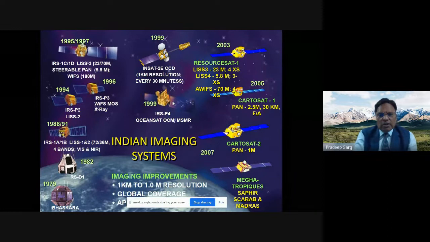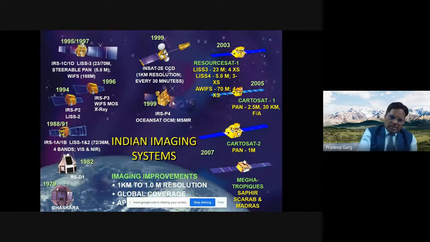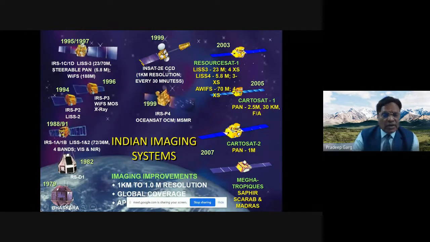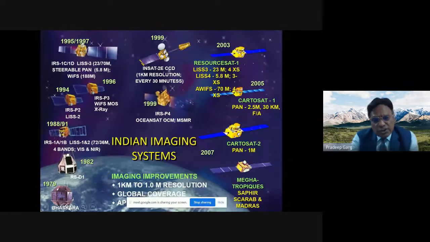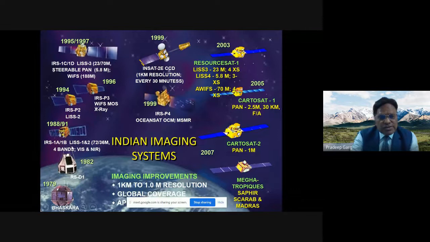Now I'll talk a little bit about the satellite images. You know that India has been in the forefront of launching satellites right from 1979 when Bhaskara was launched, and then in 1982 full-fledged systems, the IRS, Indian Remote Sensing satellites.